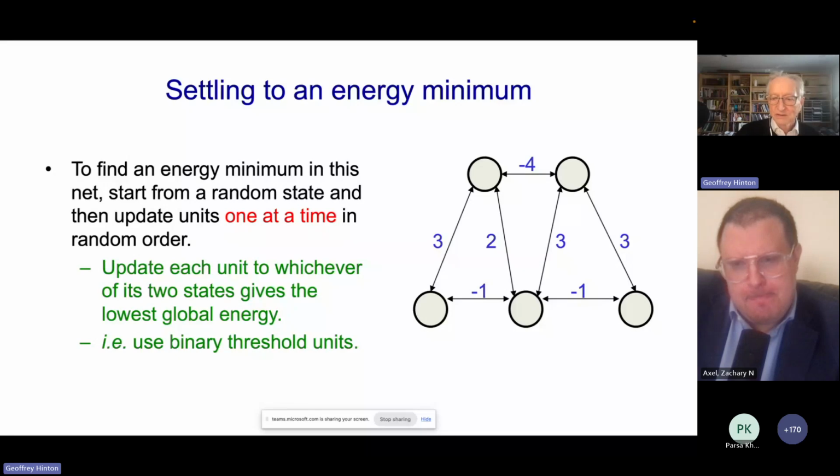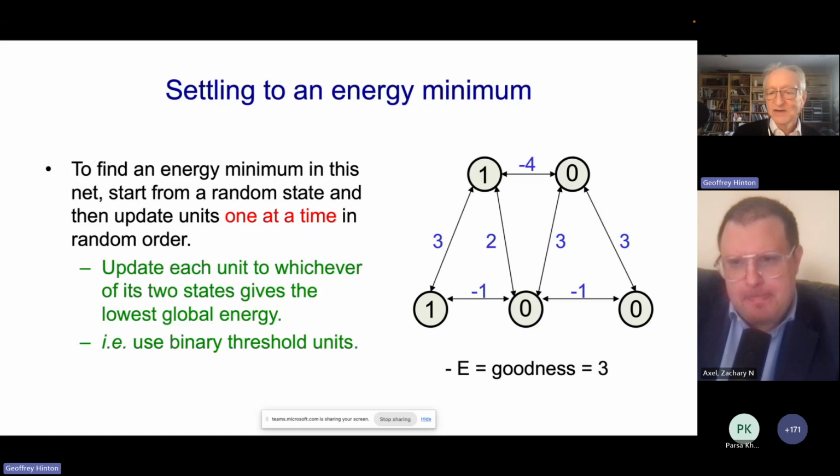We can give it states. So I've now assigned states to all the neurons. And if I want to compute the energy of that state, or the negative energy, which I call the goodness, it's just the sum over all pairs of units of the product of their states times the weight between them. So in this net, there's only one pair of units that's both on, and they have a weight of 3 between them.